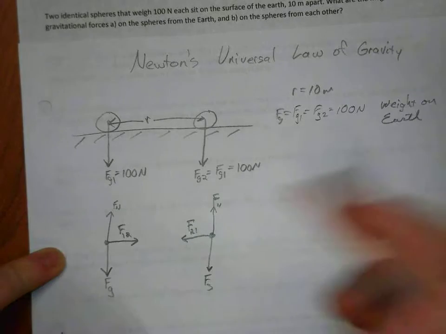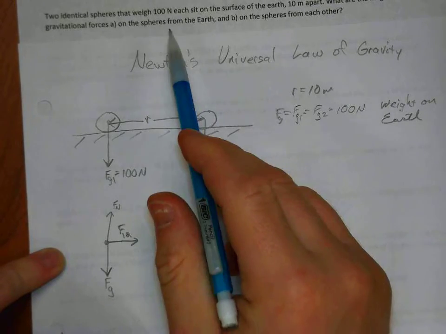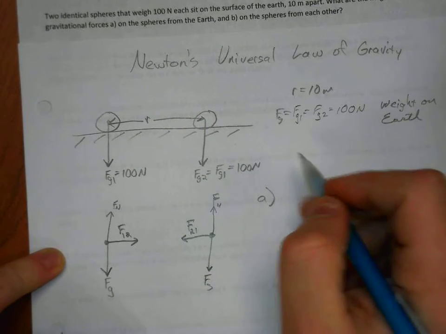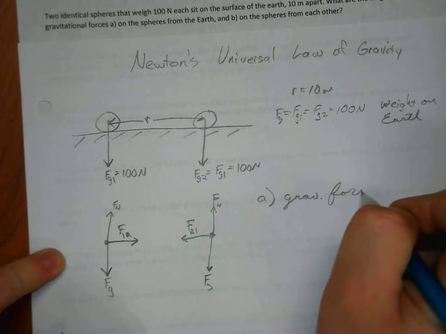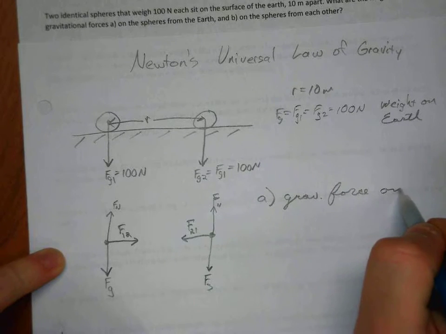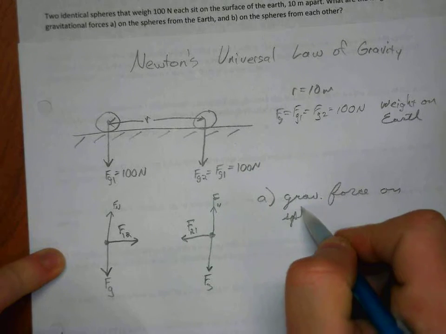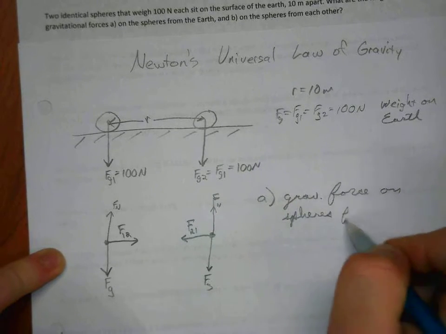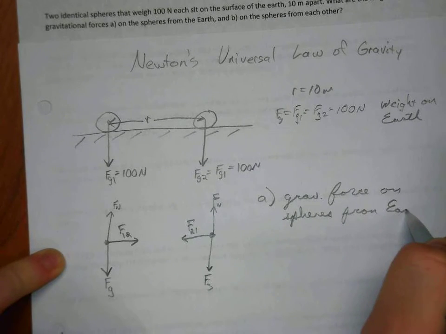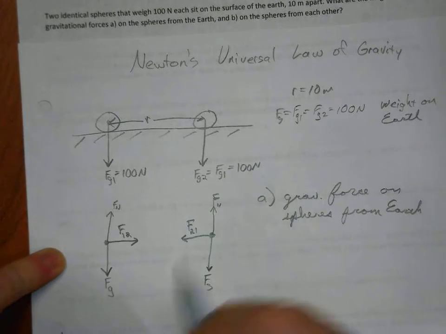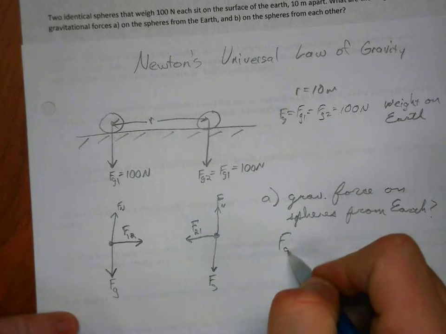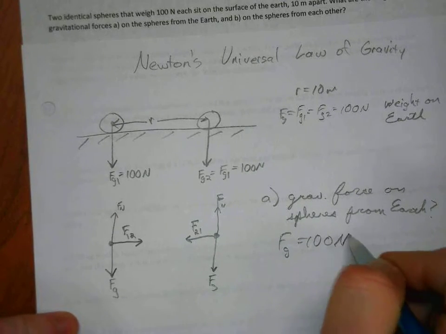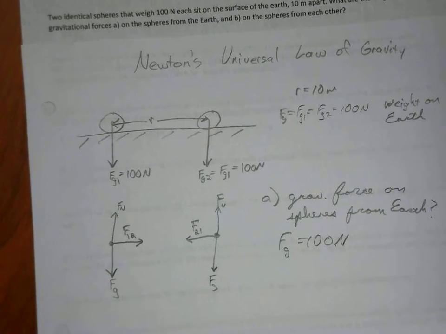Okay, so part A asks, what is the gravitational force on the spheres from Earth? Well, we already know that because we know Fg. Fg equals 100 newtons. That is the weight of the object on the Earth's surface.